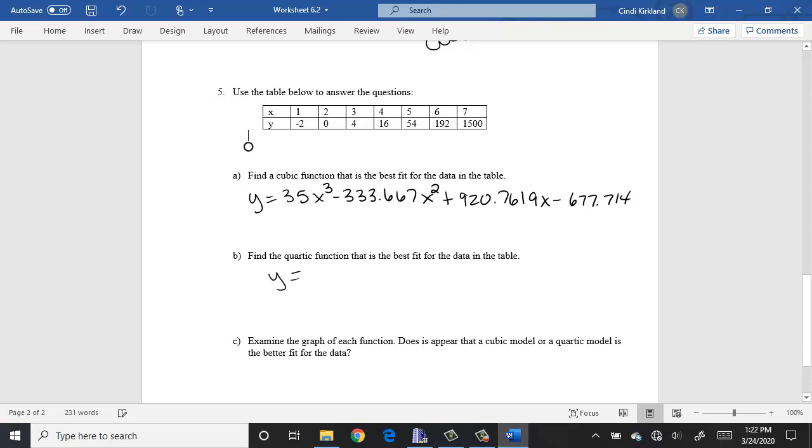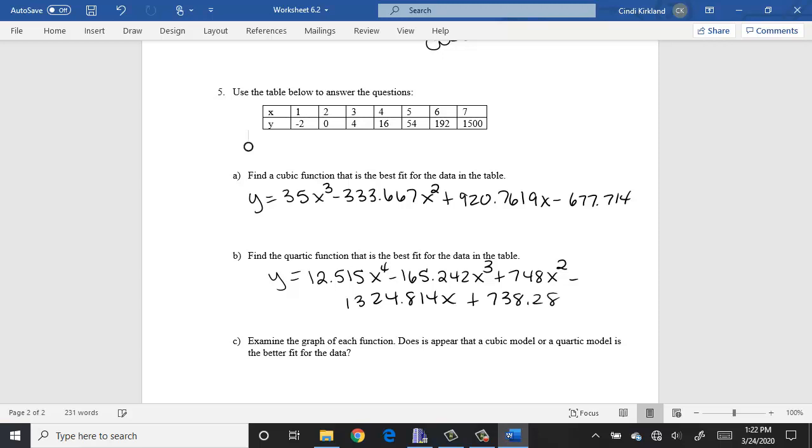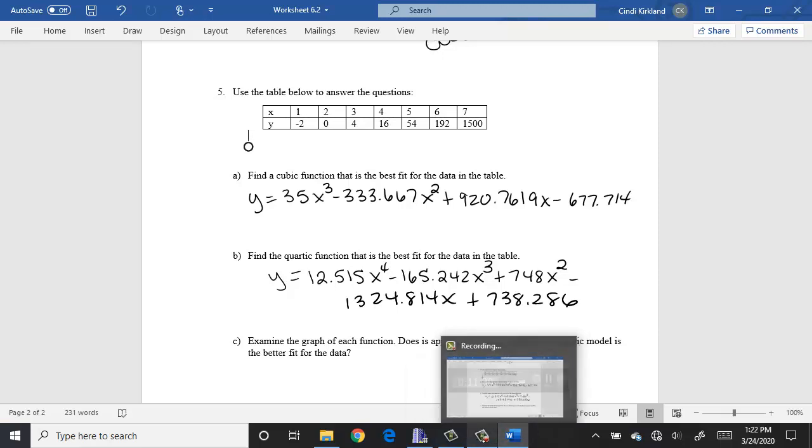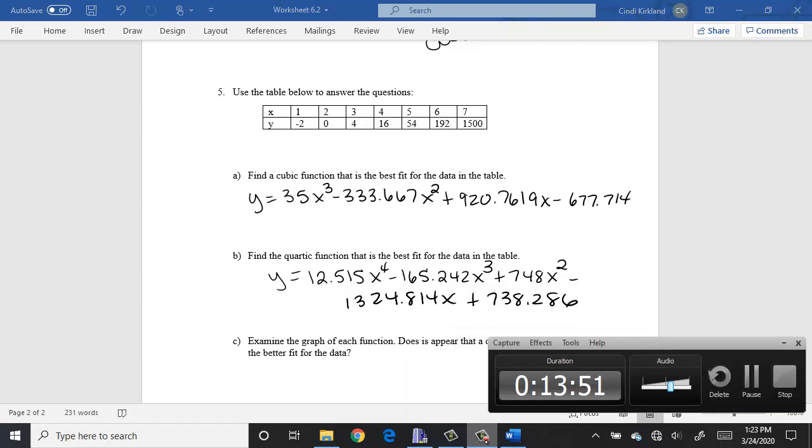So Y equals. Okay, so there's your quartic function.